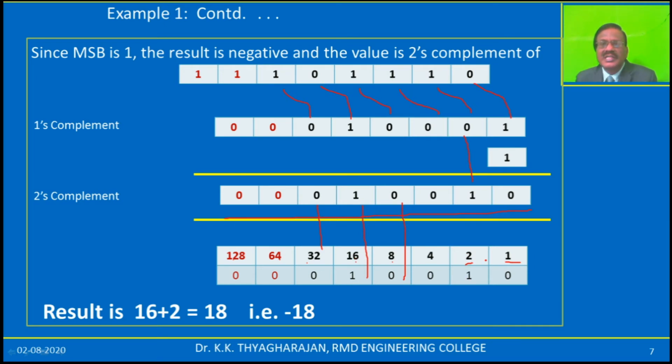So 16 plus 2 is 18. So this value is 18. But the actual value is a negative value. So this 18 should be put as minus 18. Right? So the result is minus 18 now.